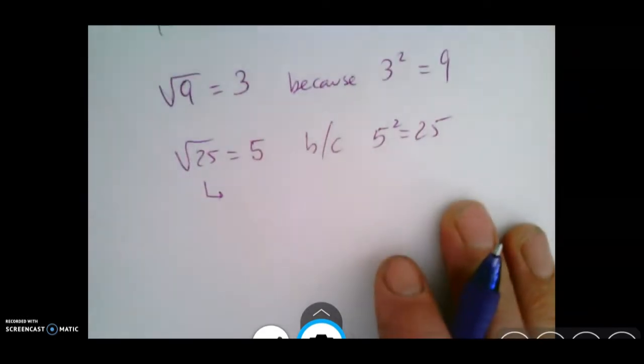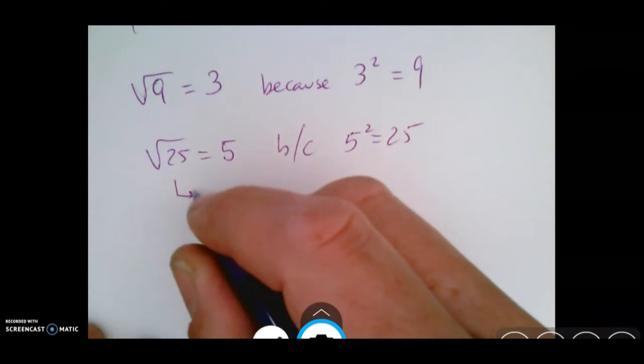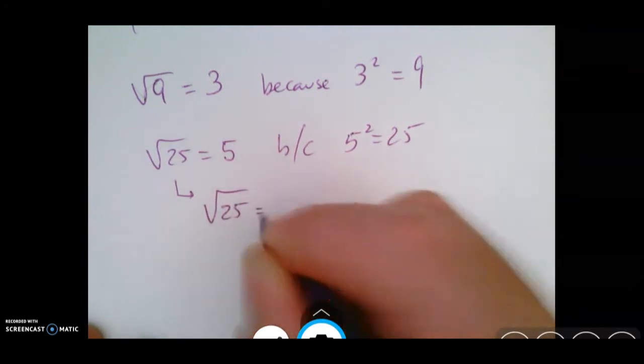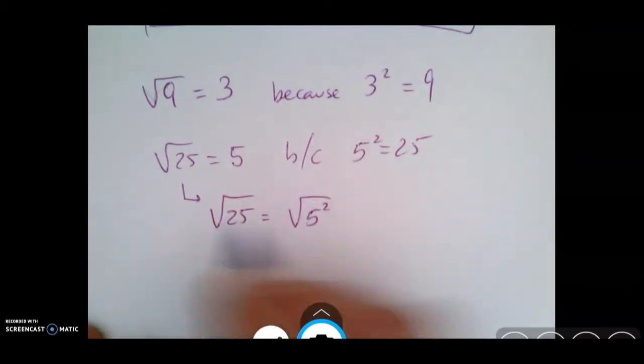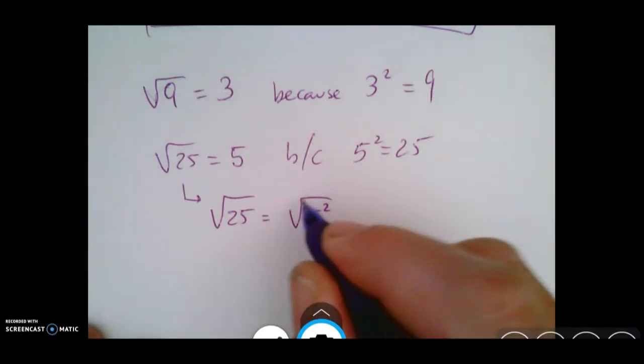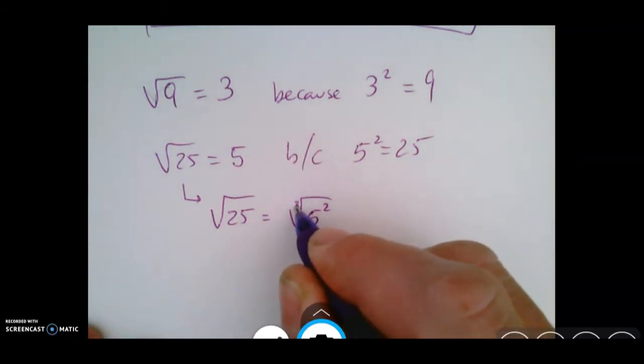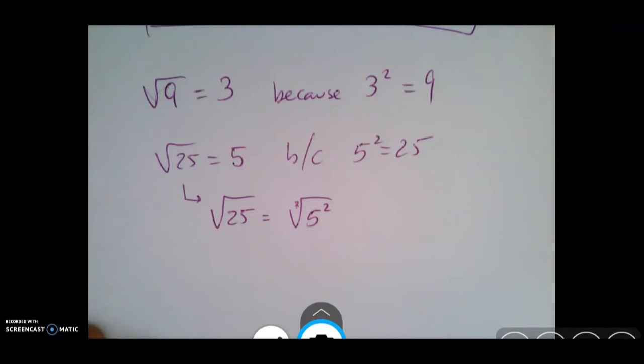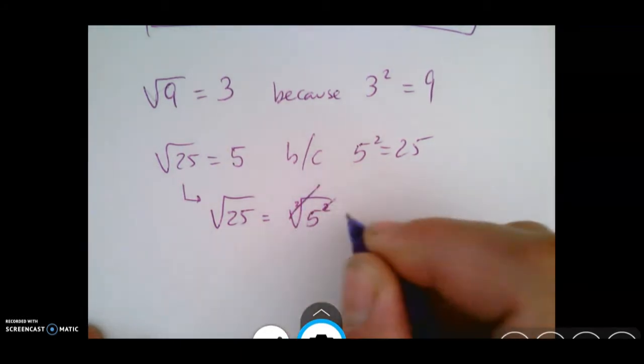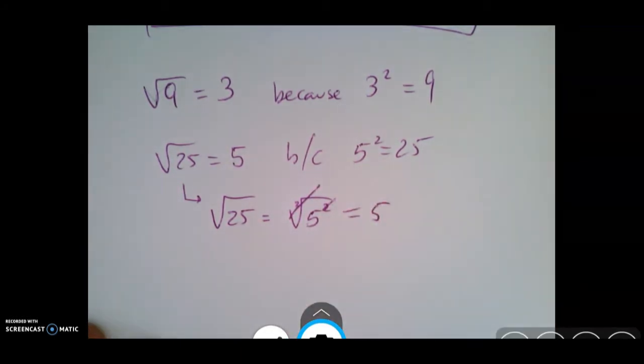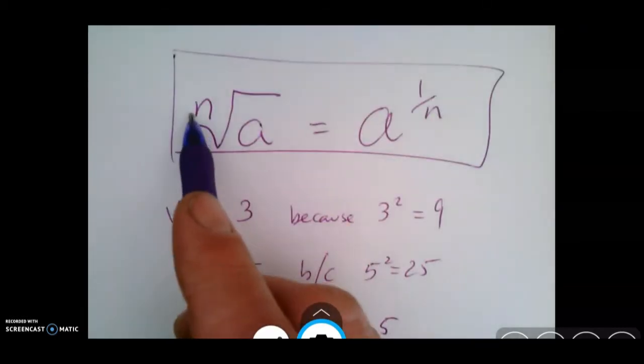If we rewrote 5 as 5 squared, we don't write the index there as 2, but technically that's what it is. And these cancel each other, and that's why the answer is 5. That might be helpful as we get into higher powered roots, and you'll see why.